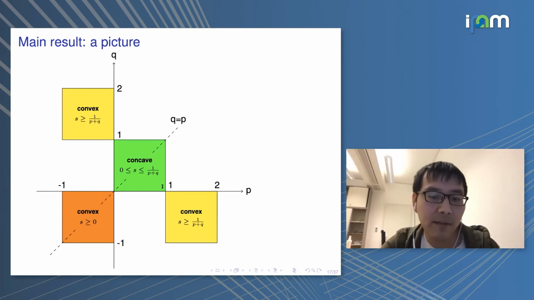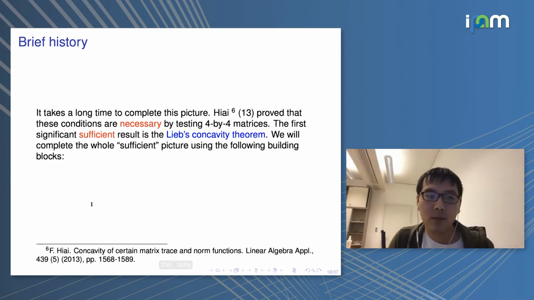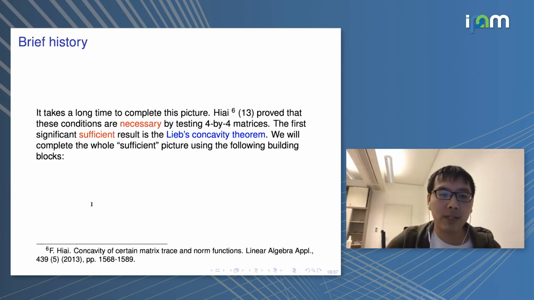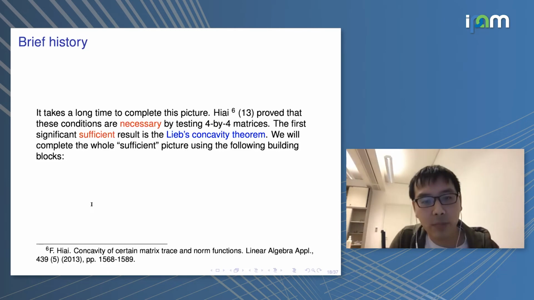Similarly, if the triple PQS lies in this yellow region or this orange region, we know that it is convex. Otherwise, it is not. So this is a very nice picture, but actually it takes quite a long time to complete this picture.